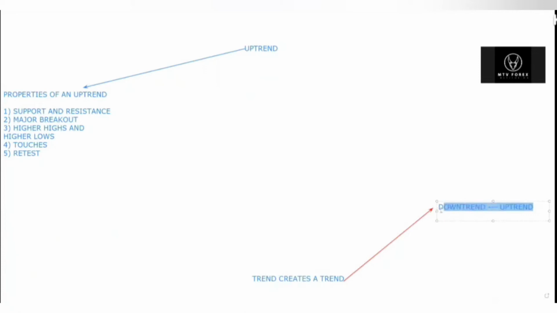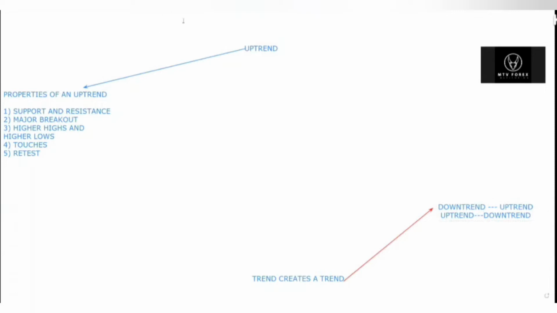And then the other way around, an uptrend creates what? An uptrend creates a downtrend. And this means that an uptrend creates this guy here. It's as simple as this.